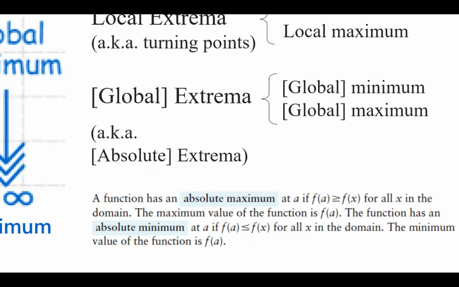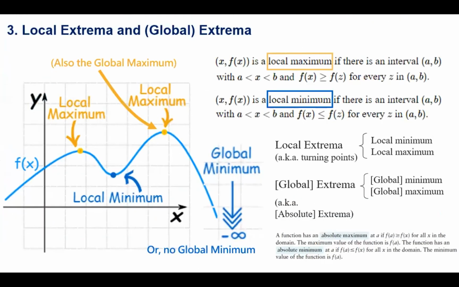The function has an absolute minimum at a if f(a) is smaller than or equal to f(x) for all x in the domain, or in some interval. The minimum value of this function is f(a). So that's basically the concept of global extrema, right?